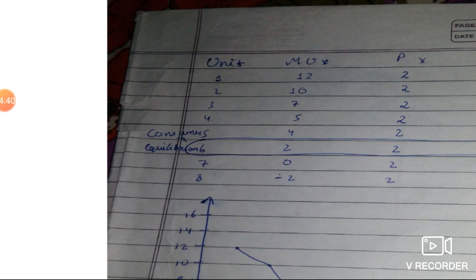The eighth unit he will consume only if the shopkeeper gives it and he pays again 2 rupees, but this is not applicable, or it gives him dissatisfaction, not satisfaction. That's why utility is shown as minus 2.